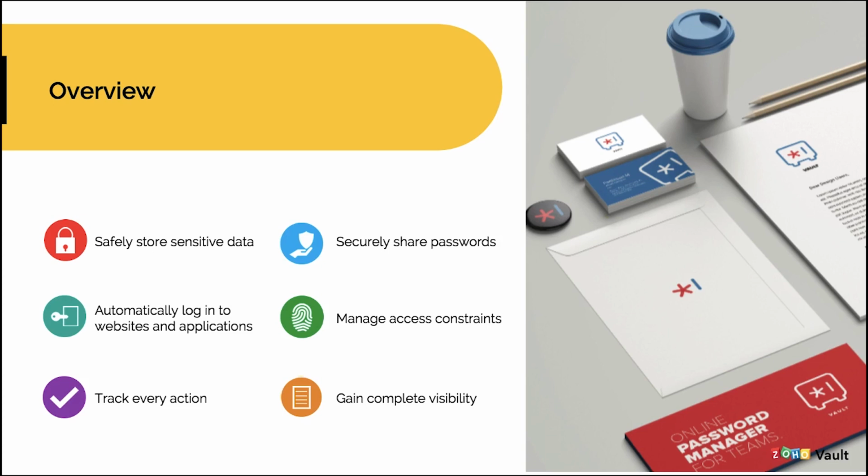So this is a commonly used functionality among users. The users with the view and edit permissions can view and edit the passwords accordingly, whereas the users with the manage permission get complete access to the password. This allows them to even delete it or share it with others in the future. So whenever you're sharing passwords, ensure that you share them with the right permissions and privileges with Zoho Vault.